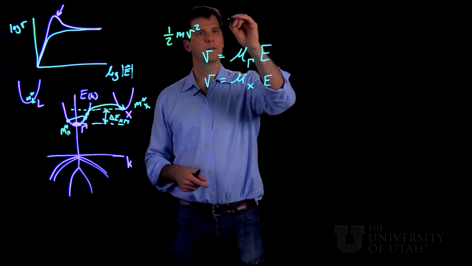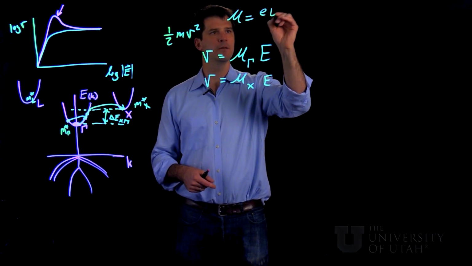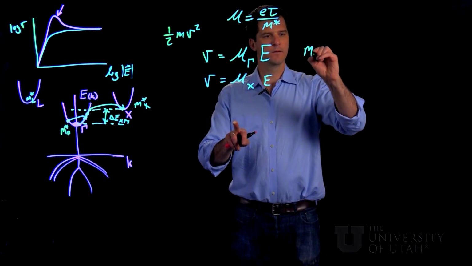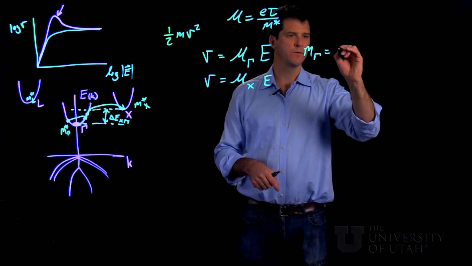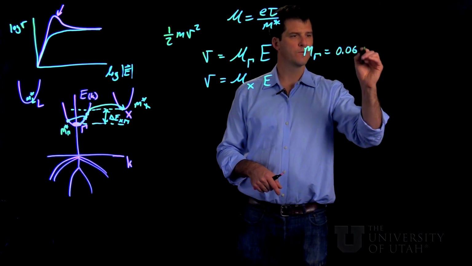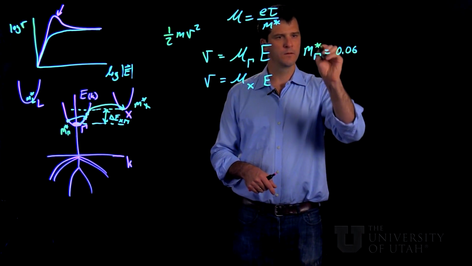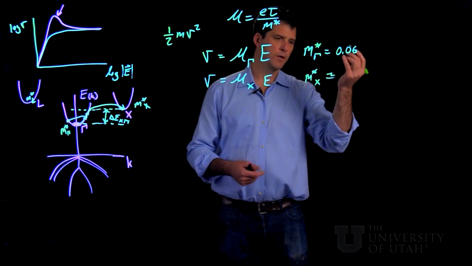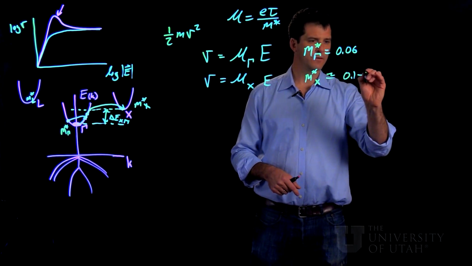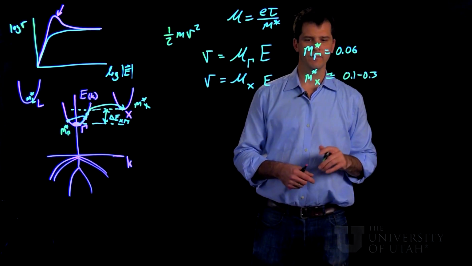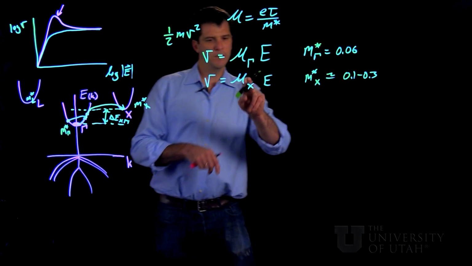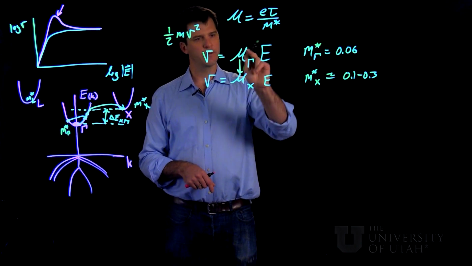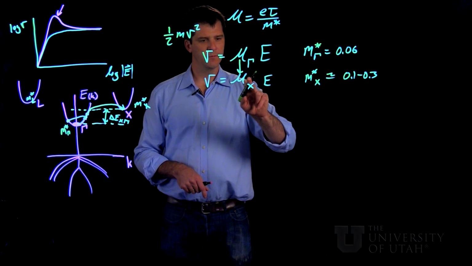And if we remember that the mobility is e tau over m star, the m star gamma is about equal to 0.06 for gallium arsenide, and m star at one of these other points, let's say X, might be 0.1 to 0.3 times the electron mass. So that means the mobility here is going to be lower. So when we make this transfer, we're also transferring from this high mobility to low mobility.